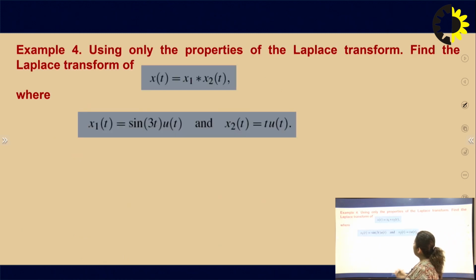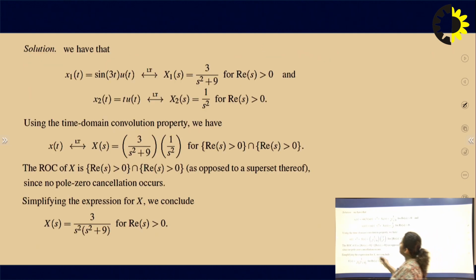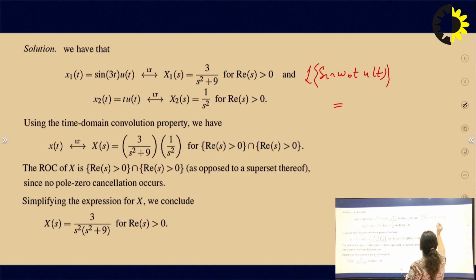Now we have a property which is known as the convolution property. Here we are using this property to solve the question, that is x1(t) is equivalent to sin 3t u(t) and x2(t) is equivalent to t u(t). How to use this? We know that for sin omega naught t u(t), the Laplace transform is omega naught upon s square plus omega naught square.